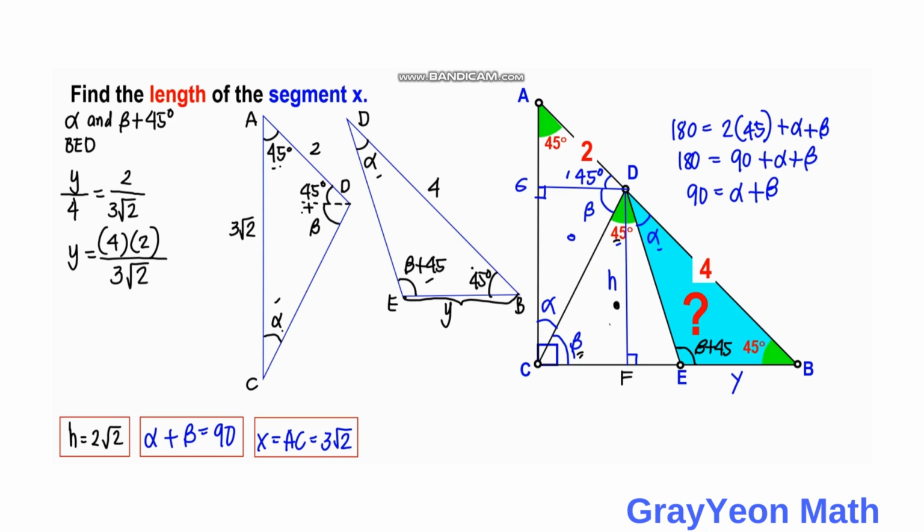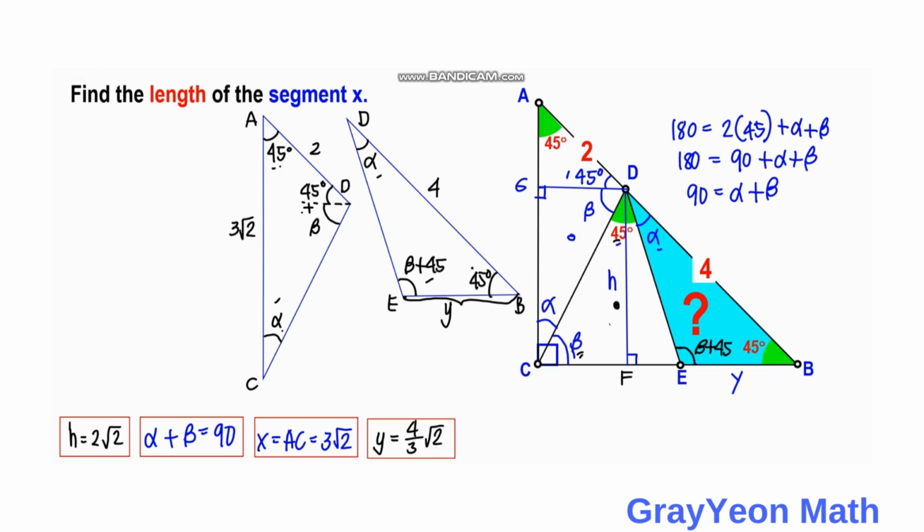Okay, so we can write this: y is equal to 4 times, this 2 on the numerator can be written as square root of 2 squared, all over 3 square root of 2. So we can cancel this, and this cancels out. So y is equal to 4 thirds square root of 2 units.